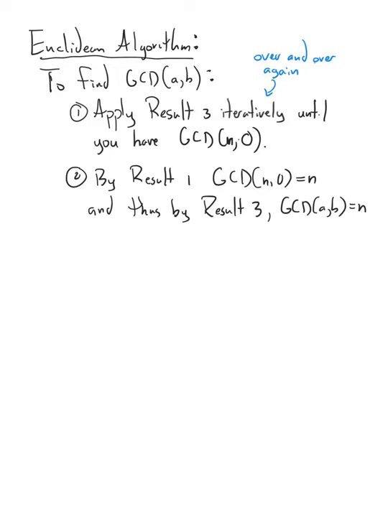So we apply the result over and over again. We just keep doing that long division and keep taking remainders until we're in the situation where one of our remainders is 0, and then the GCD is just the other number, which is going to be our previous remainder. And result 3 tells us that that answer is the GCD of our original numbers.